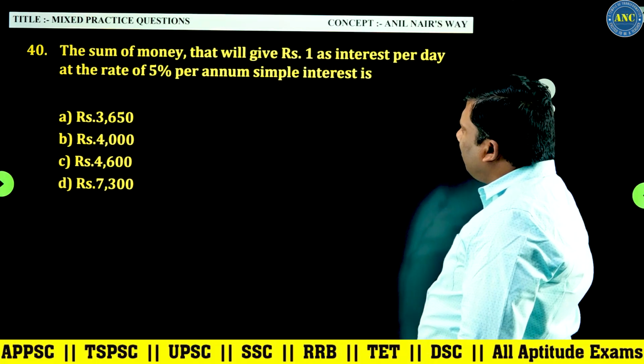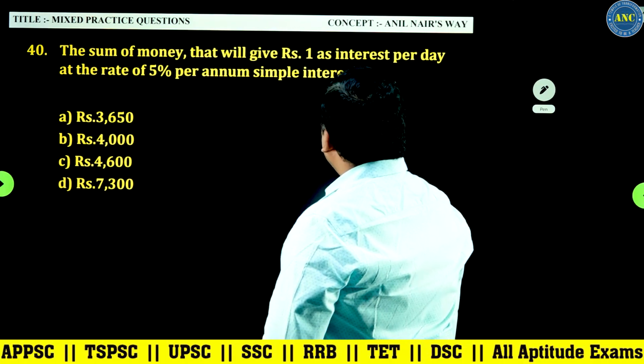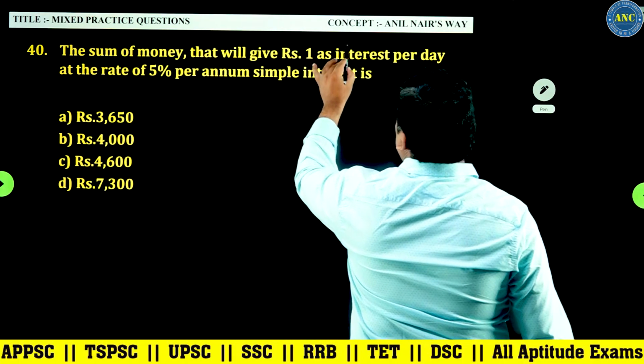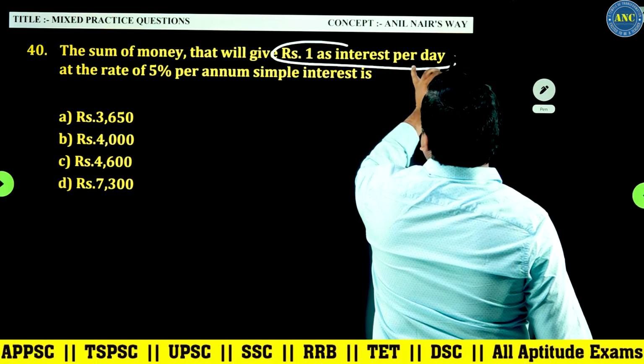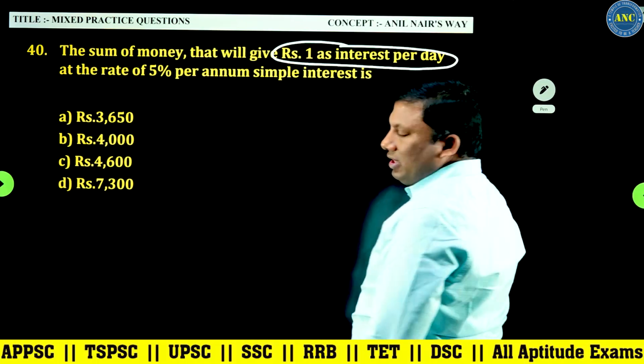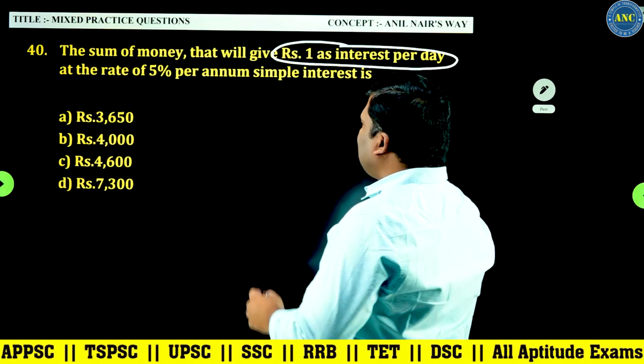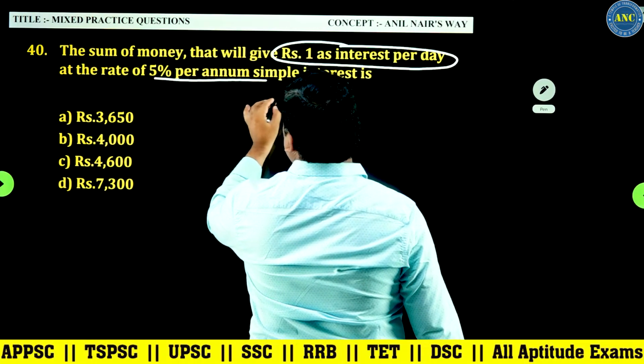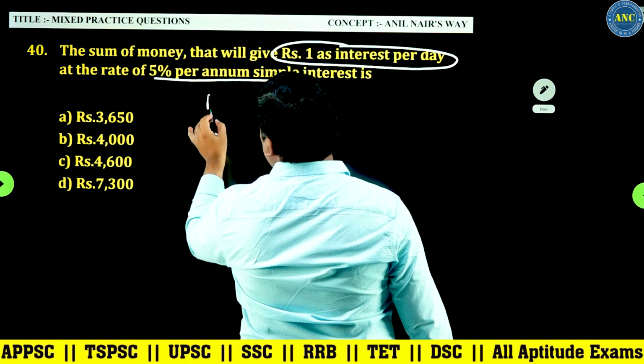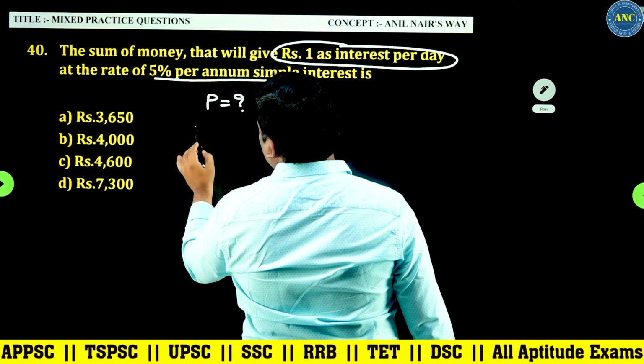Next one: the sum of money that will give 1 rupee as interest per day. Every day I need to get an interest of 1 rupee at the rate of 5% per annum. The sum we require is the principal, so use the answer options.